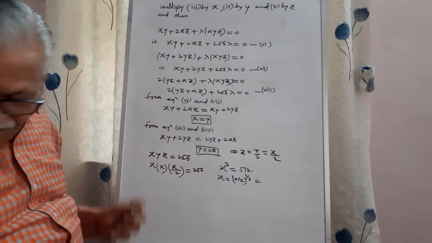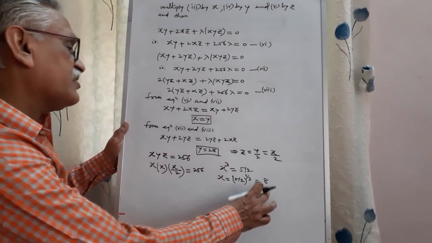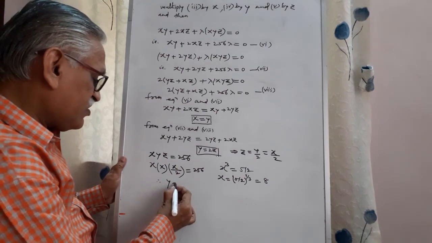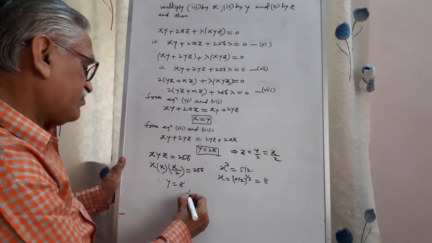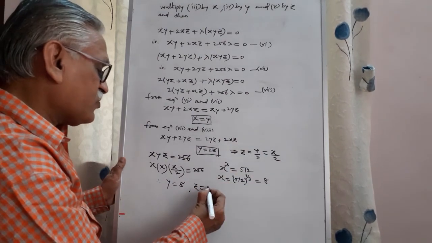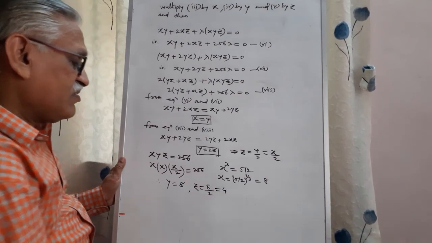Therefore we get x equals 8. y equals x, therefore y equals 8, and z equals x by 2, 8 by 2, that is 4.